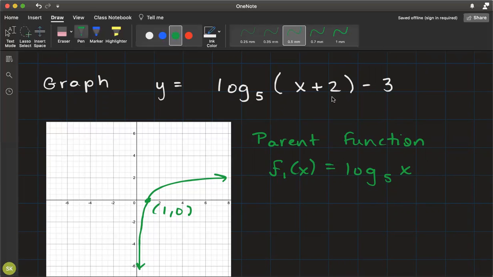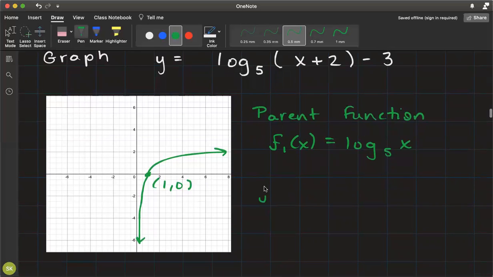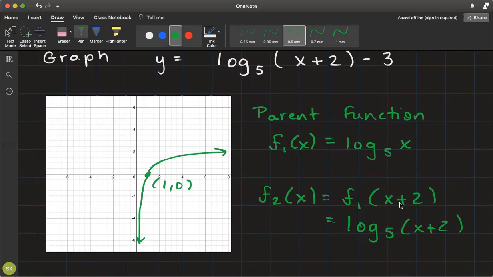So the first thing I notice is I need a plus 2 inside that log. So I take f1 and I plug in x plus 2. And this is going to be a new graph. And that's going to be equal to log base 5 of (x plus 2). And when I have the plus 2 on the inside, that corresponds to moving the graph to the left 2 units. So we're just going to count over 1, 2.